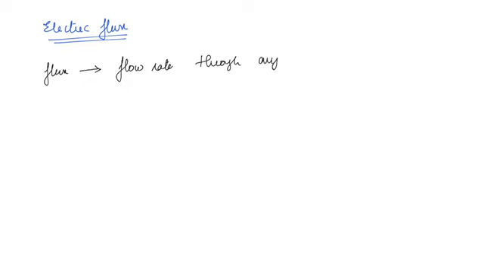For example, if you take a window, and let's say there is some air passing perpendicular to this window with a velocity v. Then what will be the volume flowing through this window per unit time? It is going to be v into A, right?